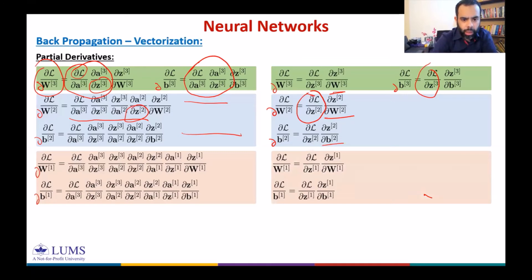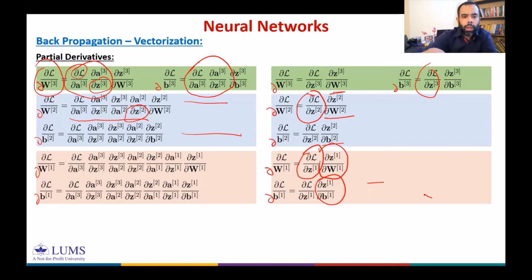And similarly, I can do this for the first layer: the partial derivative of the loss function with respect to the pre-activation output of the first layer, times the derivative of the pre-activation output with respect to weight 1 or with respect to bias 1.